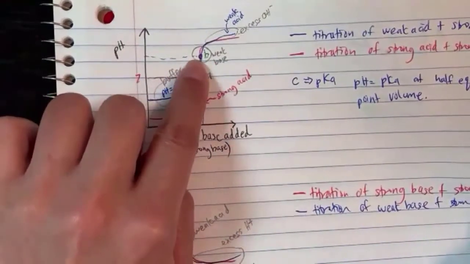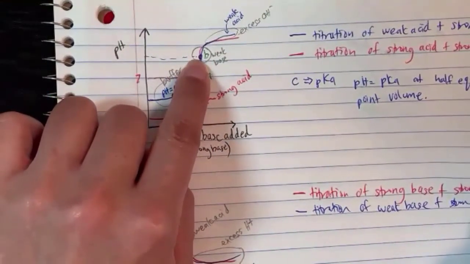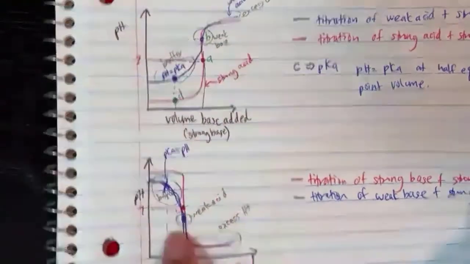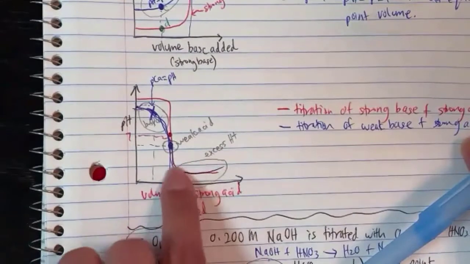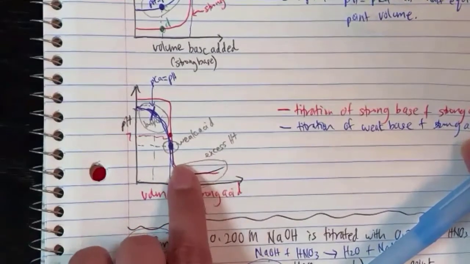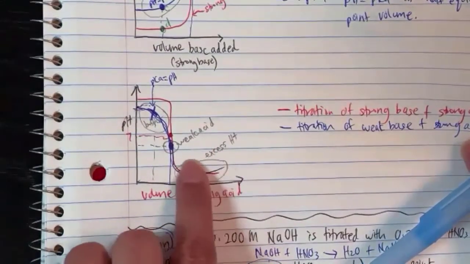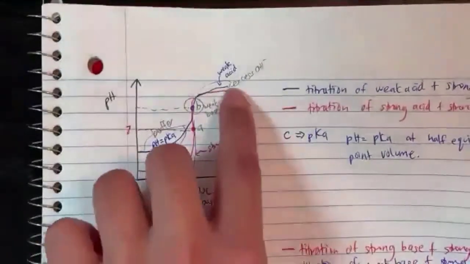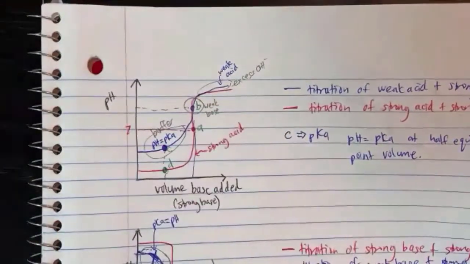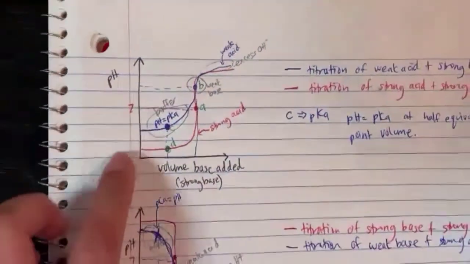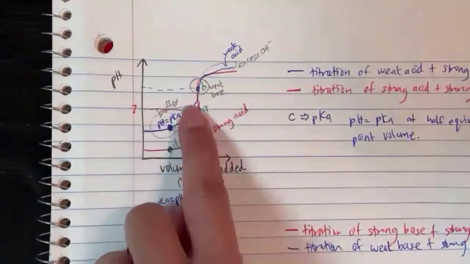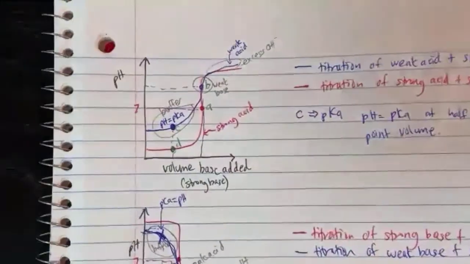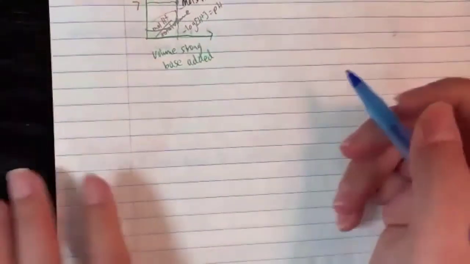At equivalence point, if it's higher than 7, it's a basic problem. If it's lower than 7, it's an acid problem. And then at the end here, if it's a lower pH, it's excess H, kind of like the strong base, strong acid calculation earlier. And this is excess hydroxide, okay? So the only difference is these 2 points here are kind of special. One's a buffer region, one's a weak base or weak acid region. So let's go ahead and set that question up.